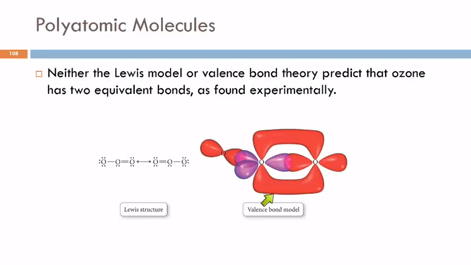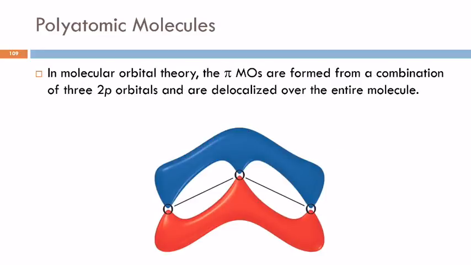Valence bond model also predicts a double bond between 2 of the oxygens and a single bond between the other oxygen. Again, it doesn't match up with experimental observations. In molecular orbital theory, the pi molecular orbitals form from p orbitals on all 3 atoms, and they are delocalized over the entire molecule.